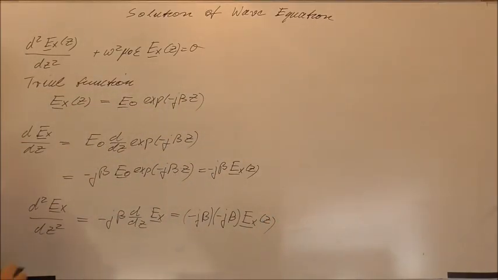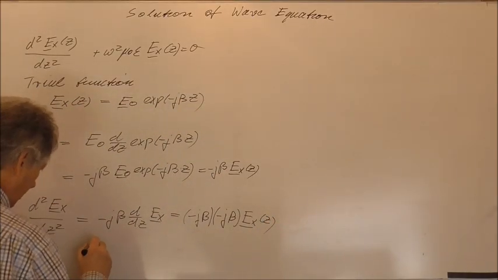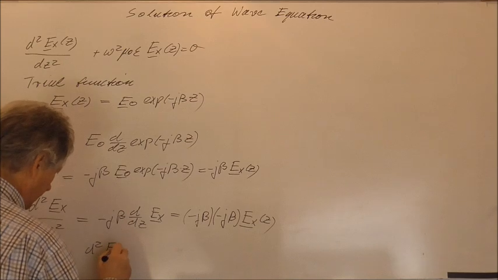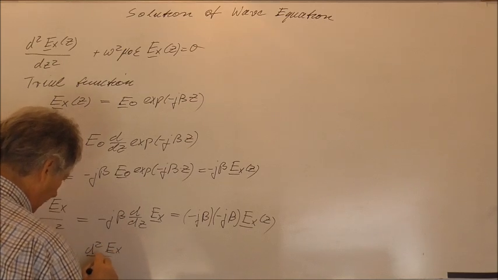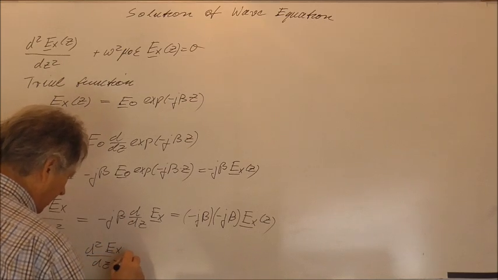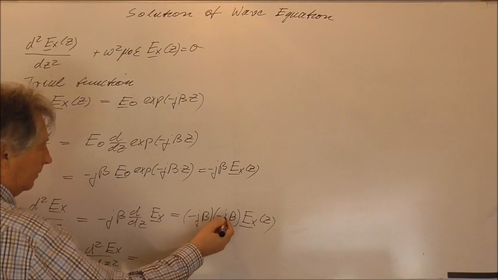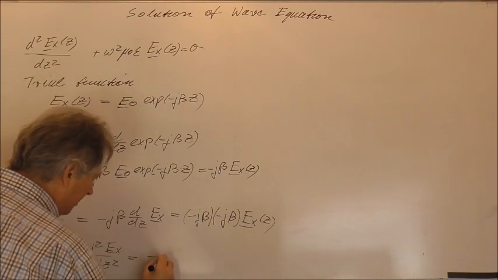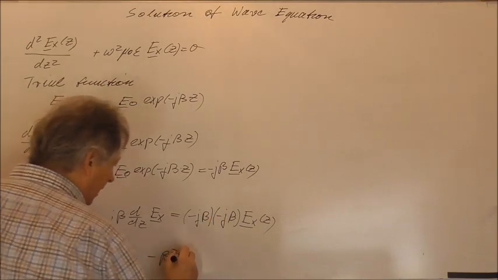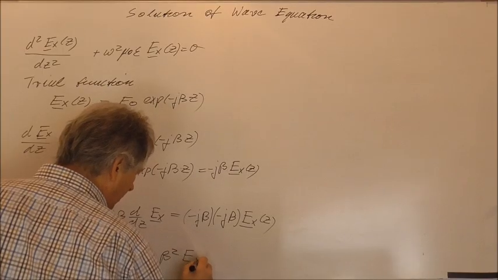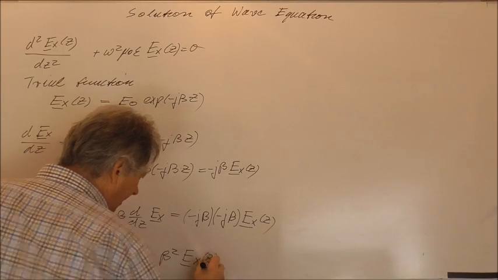So as a result we will get the second derivation of the function Ex of z. So we have here minus times minus j plus minus beta square times Ex of z.